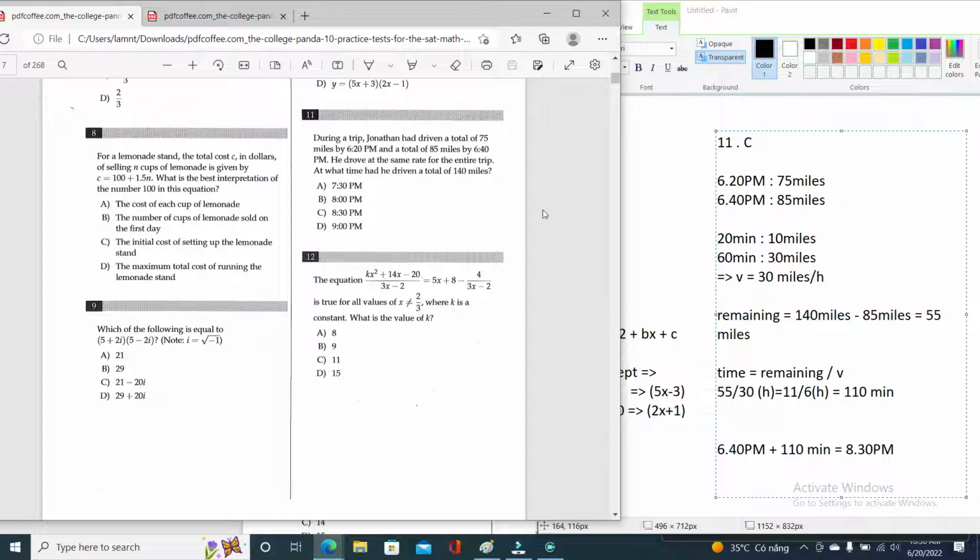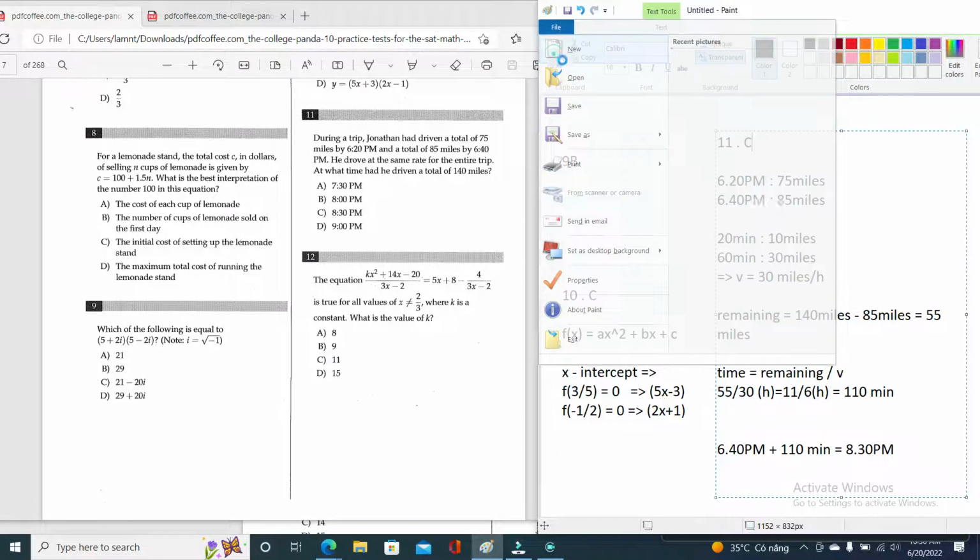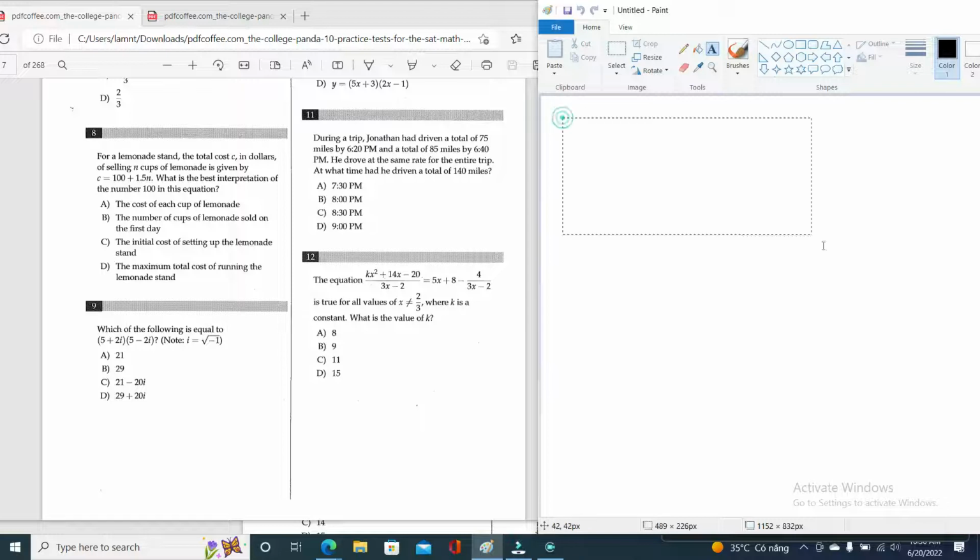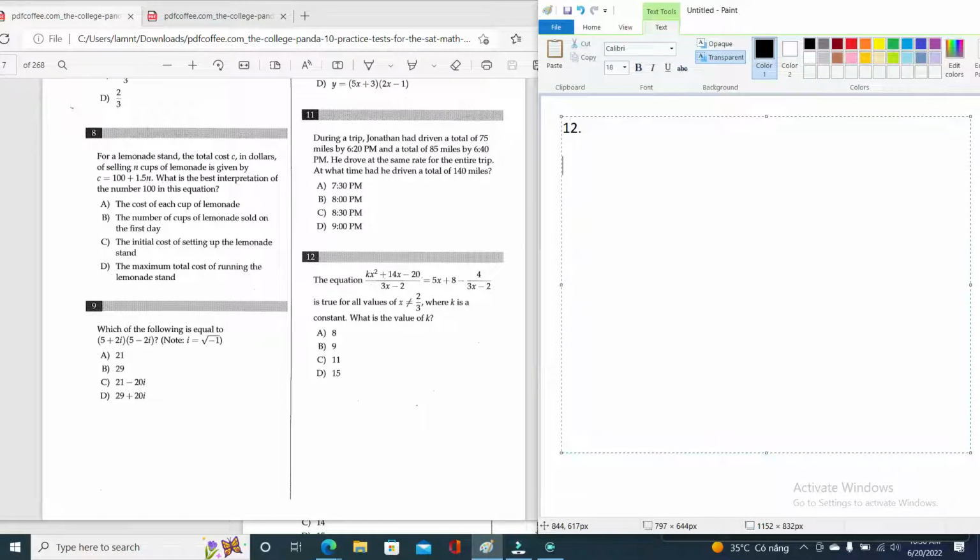And number 12, okay. So number 12, we're going to do it this way. So this is equal to 5x plus 8 minus, okay, so this is an independent portion, 4 over 3x minus 2.